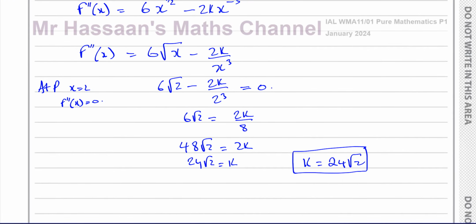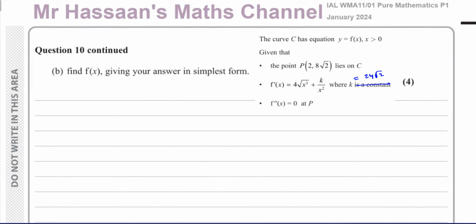And now for part B, it says find f of x, giving your answer in simplest form. So we know that k is equal to 24 root 2. So f dash of x we can now write as 4 times the square root of x cubed plus 24 root 2 over x squared.